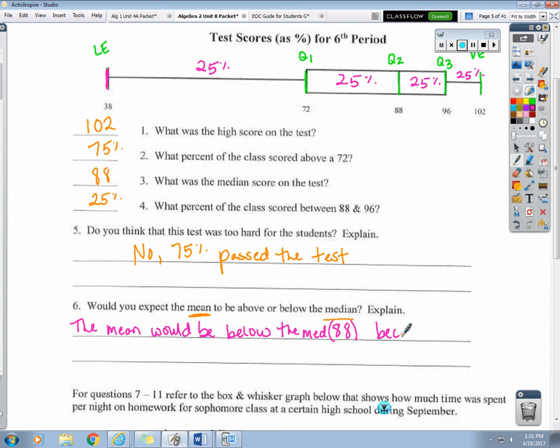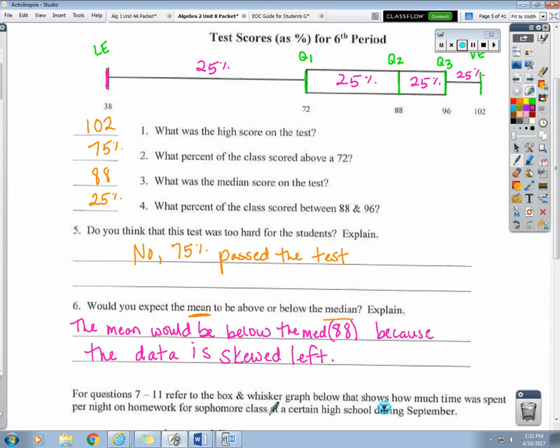Because the data is skewed left. Okay, so anytime your data is skewed left, your mean is going to be below the median. If it's skewed right, the mean will be above the median.